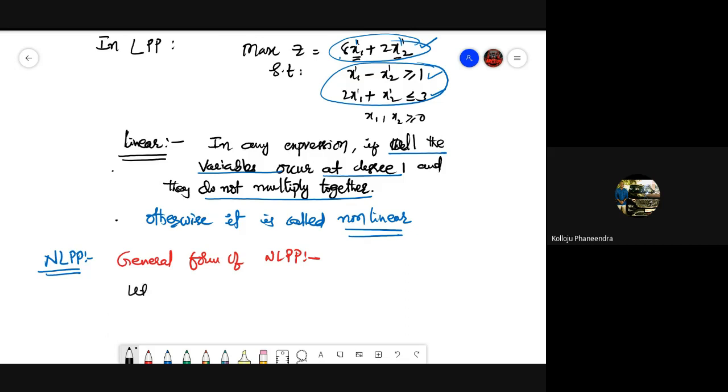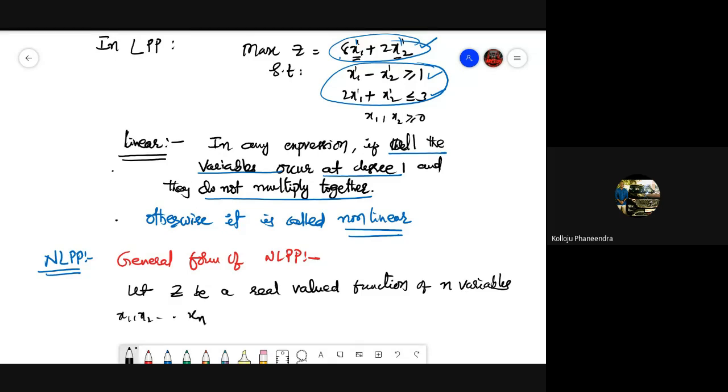I will write like this: let z be a real valued function of n variables, say x1, x2, xn.